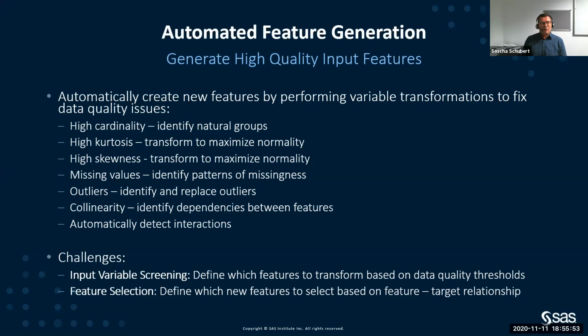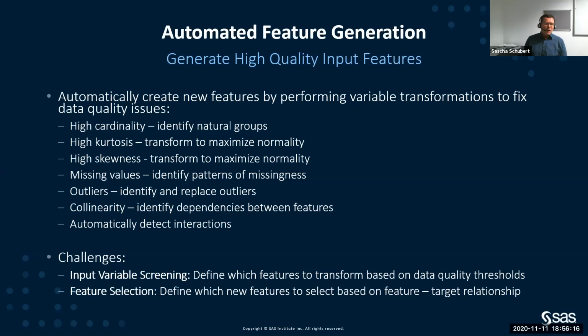And when you have this many variables, usually you run into the problem of collinearity. So there are dependencies between the features that might obscure your modeling results, and identifying those dependencies and fixing them automatically is again a nice area where automation can help the data scientist make a decision quickly and clean the data.